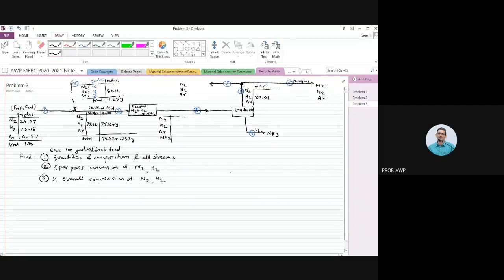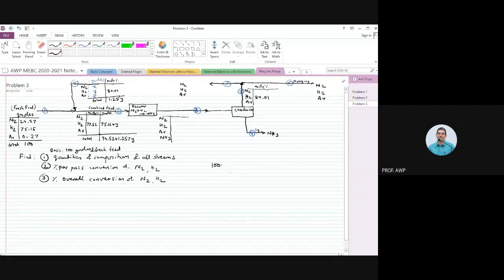Go ahead. Then 1.25 Y of the recycle stream and 100 gram moles of fresh feed is equal to 94.52 plus 1.257 Y. So again, you are writing the addition of stream number 1 and stream number 8, giving you stream number 2.